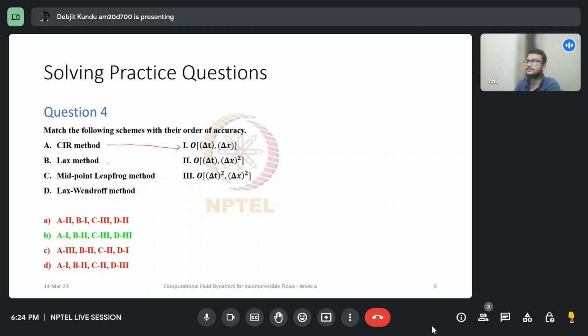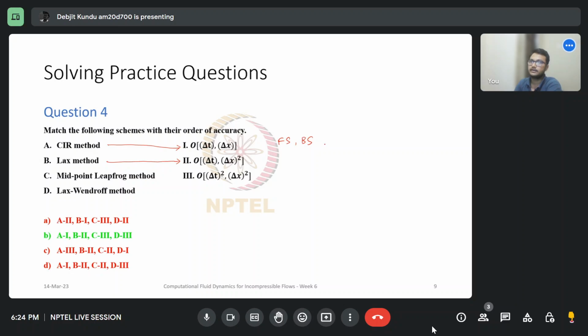The Lax method uses a central difference scheme. First of all, the CIR method uses both FS as well as BS within it, which means forward in space and backward in space, and both of them are first order in space accurate.